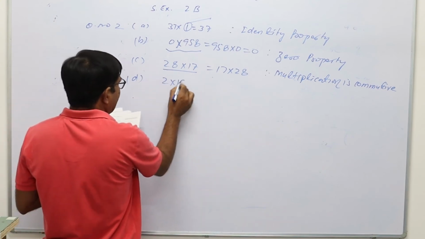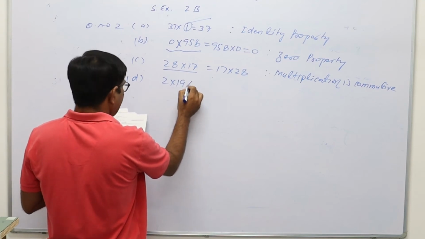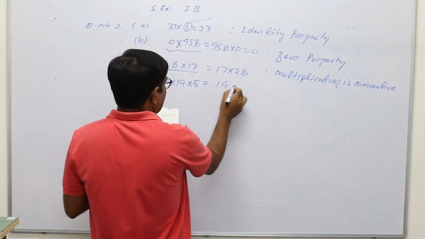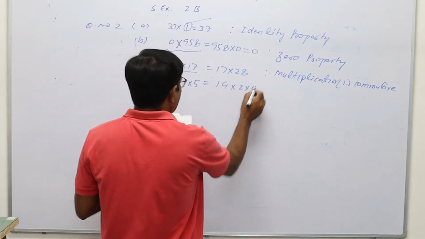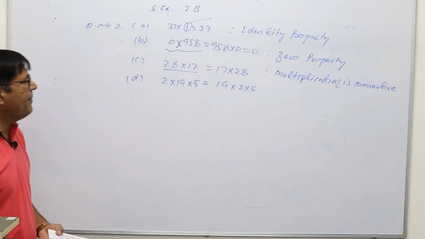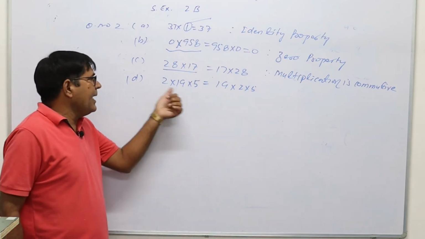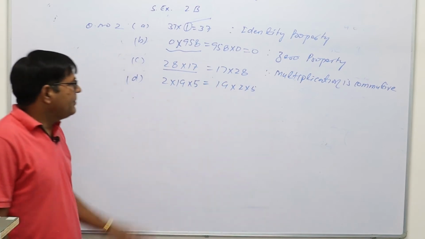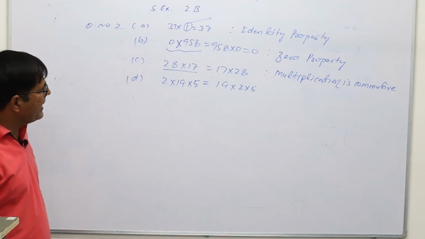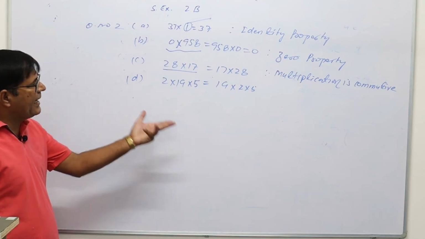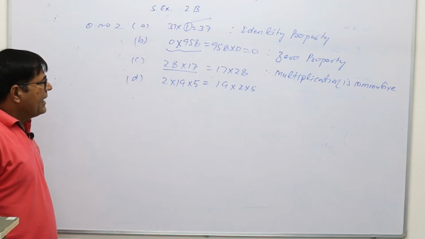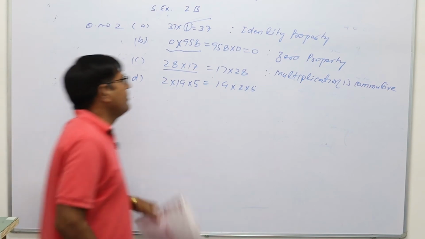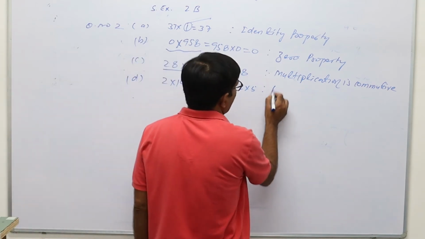2 multiplied by 19 multiplied by 5 is equal to 19 multiplied by 2 multiplied by 5. If three numbers are under multiplication, and we can change their order, in that case their numerical value is not changed, then this is known as multiplication is associative.